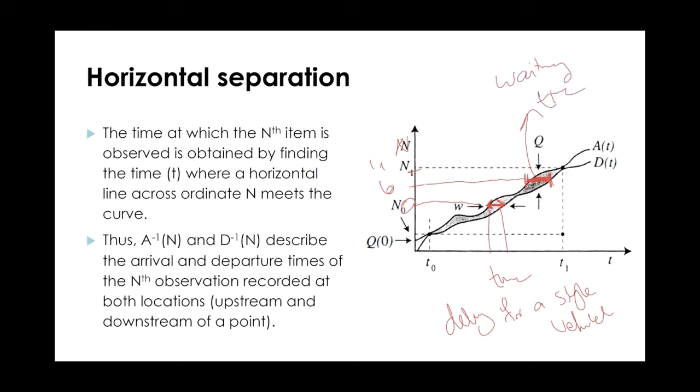And now if I sum this, if I take the integral between arrival and departure in this case, that would give me the total delay of all the vehicles in the system. That's why the unit is vehicles multiplied by time. So for example, in this system, it would be, for example, 100 vehicle-minutes.